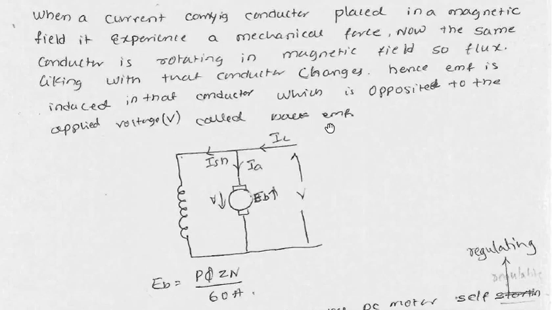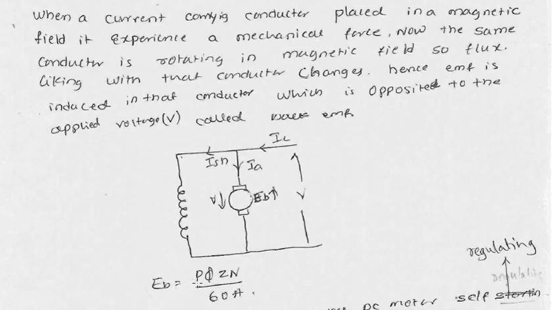So that is the meaning of the back EMF. If you remember, in the case of a DC generator, we did the derivation for the generated EMF, and the equation was Eg = PφNZ/(60A), or Eg = PφZN/60A. In the case of a back EMF, exactly the same equation applies. In a motor it would be Eb, B representing the back EMF.